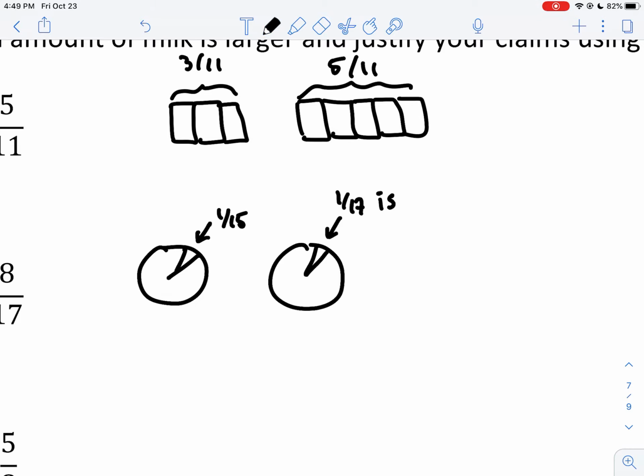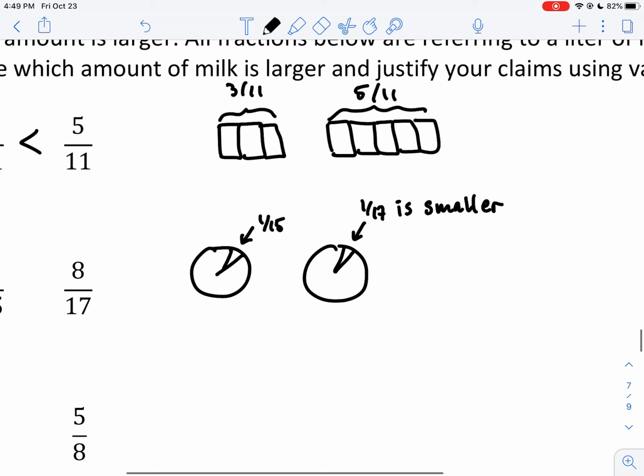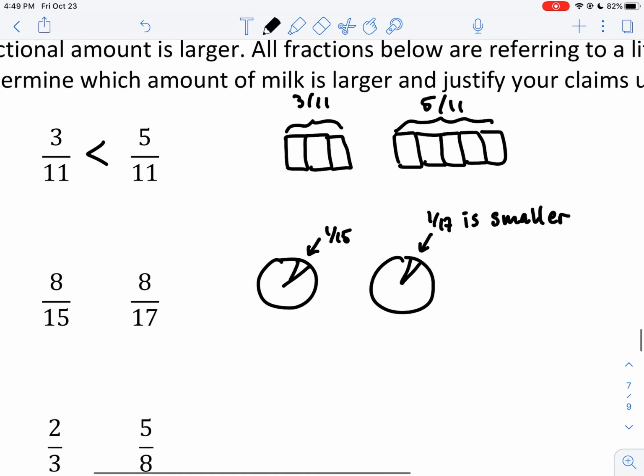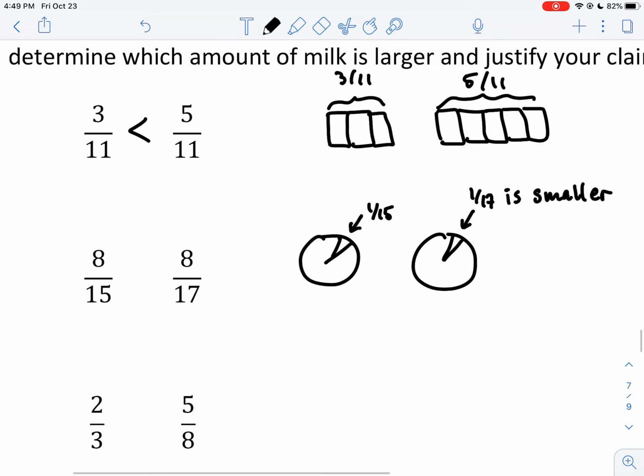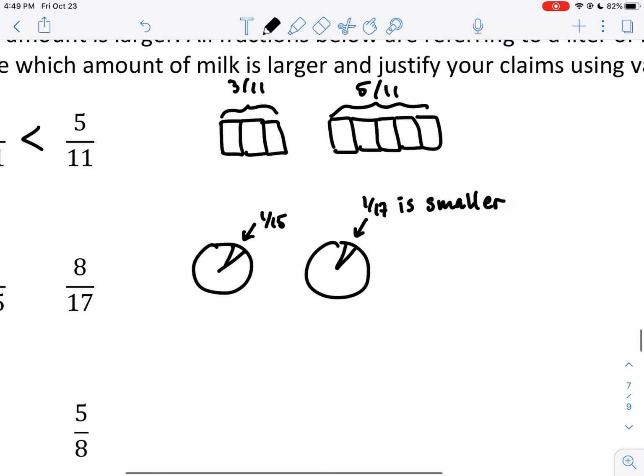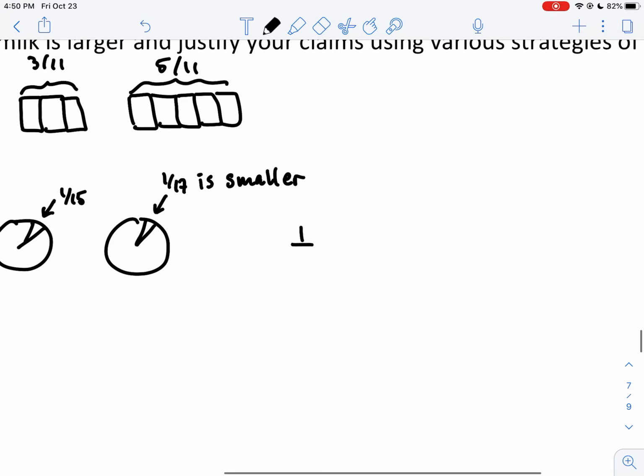Right? 1/17th is less of a circle than 1/15th. If you break a circle into 17 pieces, those pieces all have to be smaller, so you can fit 17 of them to reconstitute the whole. So let's make this claim: 1/15th is larger than 1/17th.